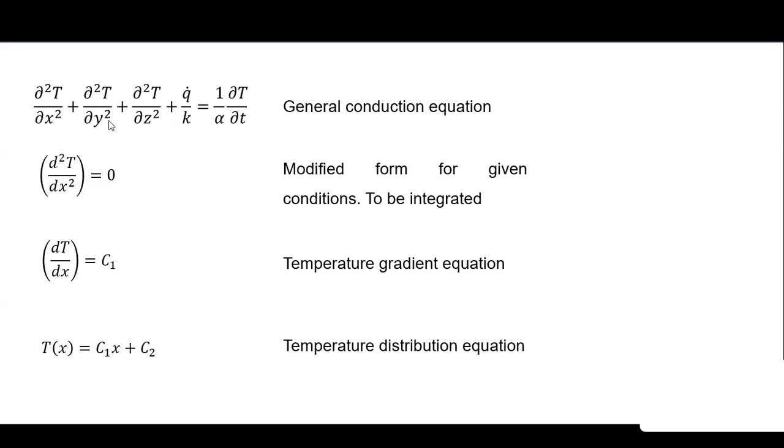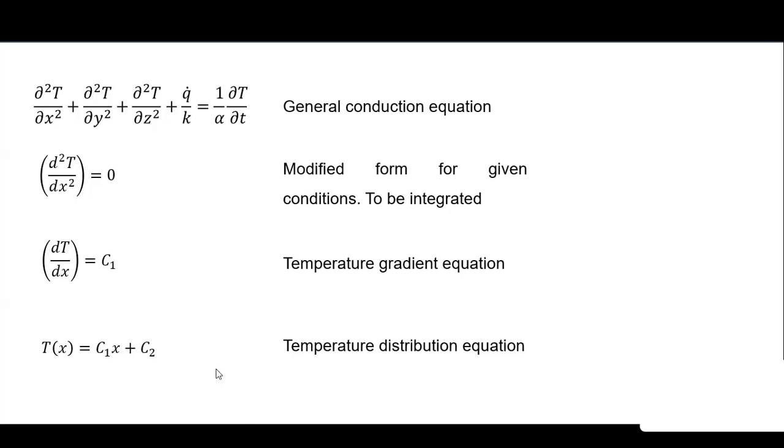Now once again I'm going back to the first equation. This is the general form, the reduced form is the second equation. The third equation is the temperature gradient equation obtained after the first integration, and the fourth equation is the another integration resulting in the temperature distribution equation. Now the next step is to find out the solution.